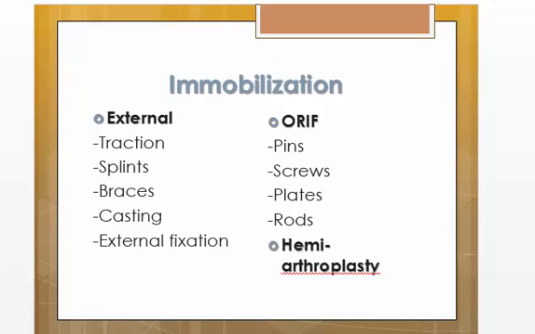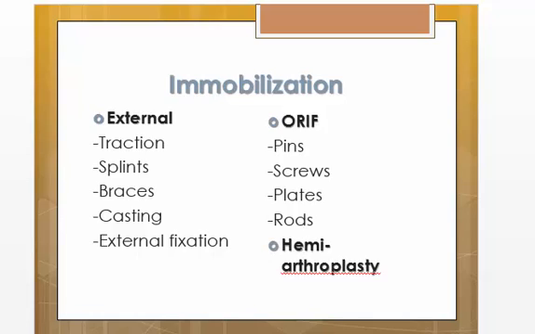So moving on to the next slide. Let me say first, immobilization secures the injured extremity in order to prevent additional injury, promote healing and circulation, reduce pain, and correct the deformity. So immobilization can be externally accomplished.